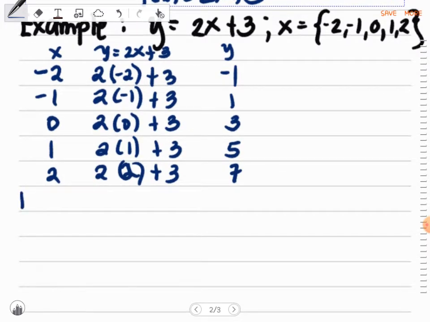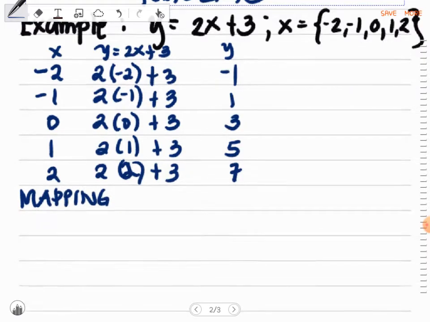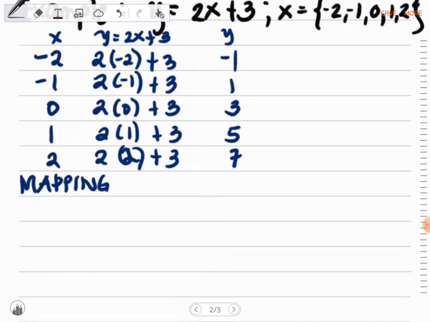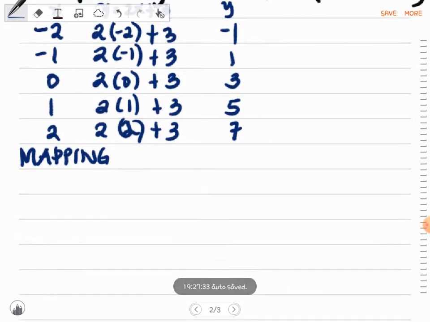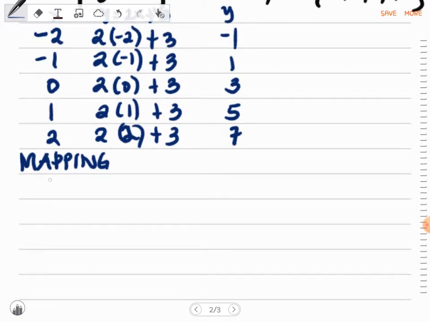So the first one is mapping. To represent mapping in a function, we can do a mapping through the values of the domain and the range. So we have the x here: negative 2, negative 1, 0, 1, and 2.